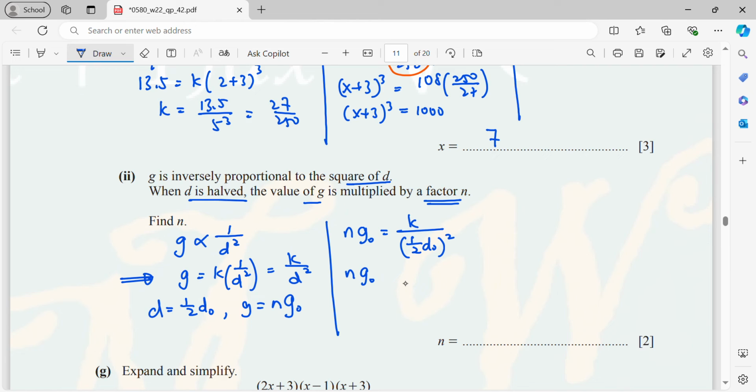So basically, initial G naught. Okay, so from here I need to find out the k first before the n. So I will write my initial G. Okay, when you refer to this, right?